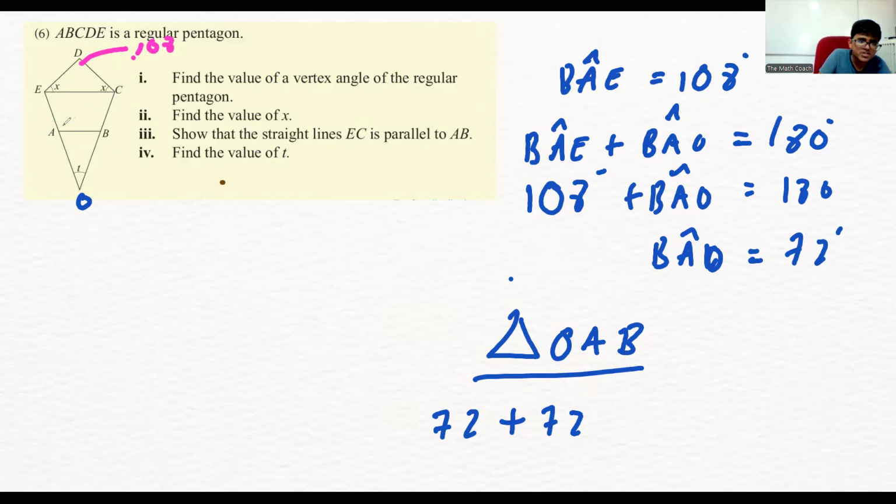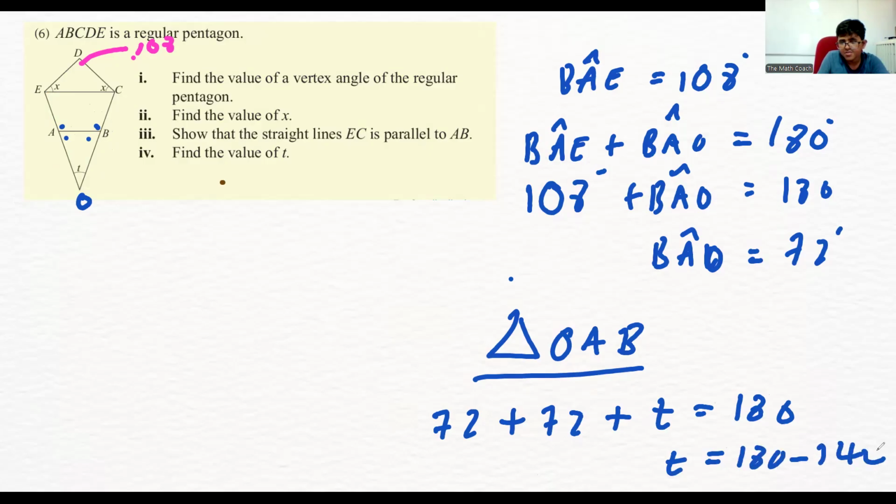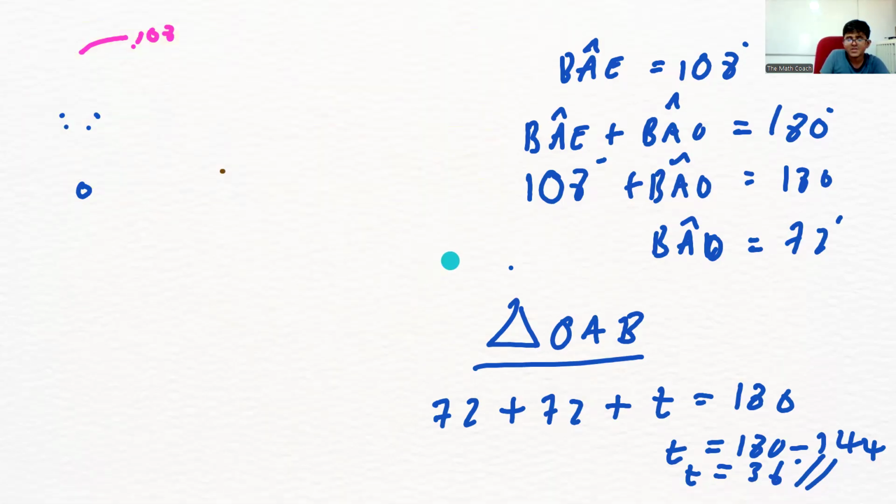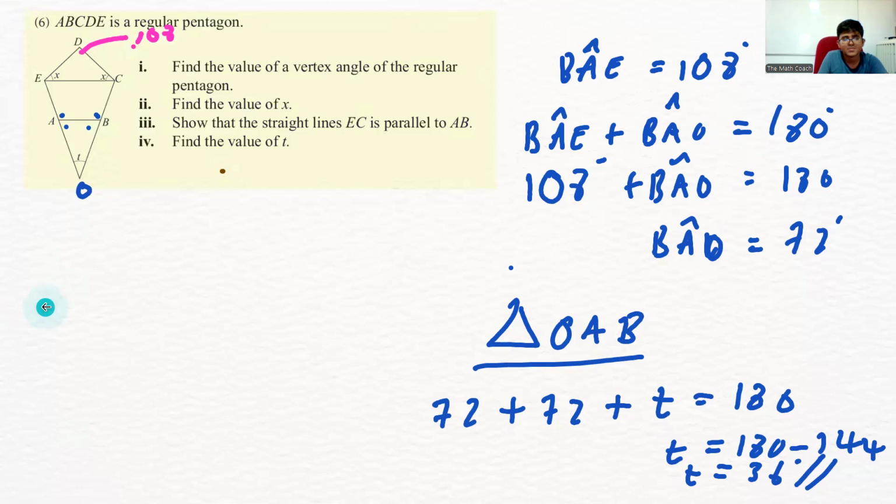Because this angle is equal to this angle, therefore this angle is also equal to this angle. So they're equal. 72 plus 72 plus t is equal to 180. So t is going to be 180 minus 144. So 36 is the answer. T is equal to 36 degrees, right?